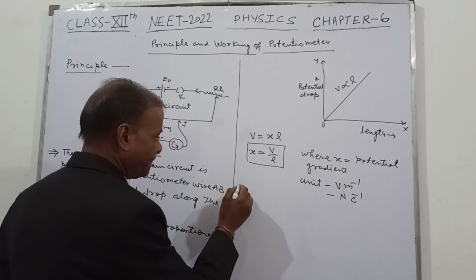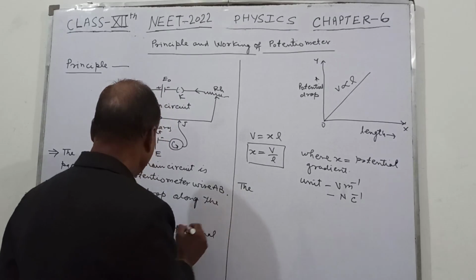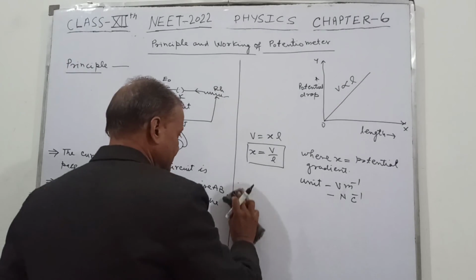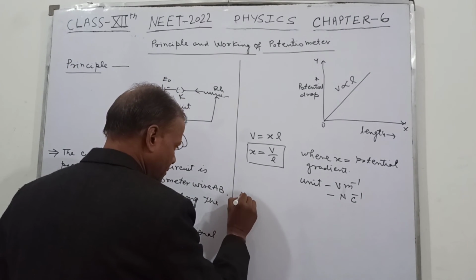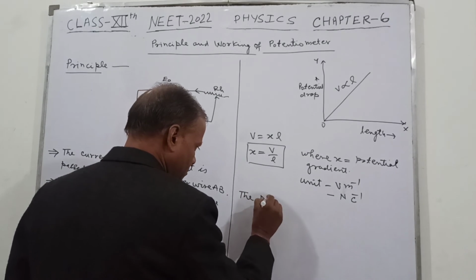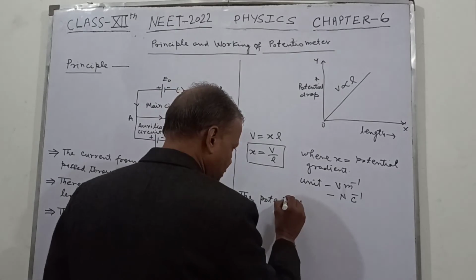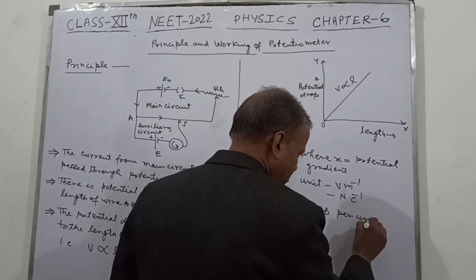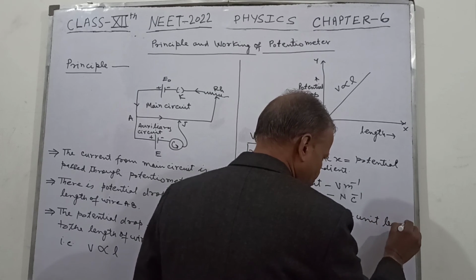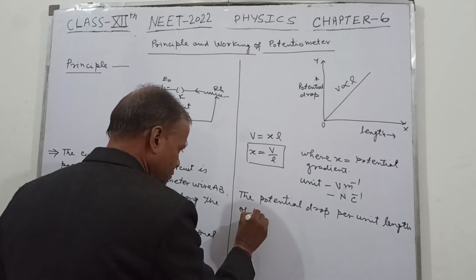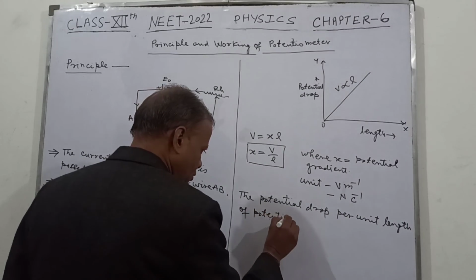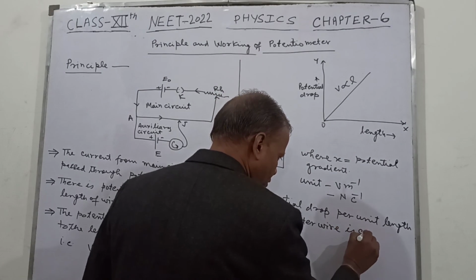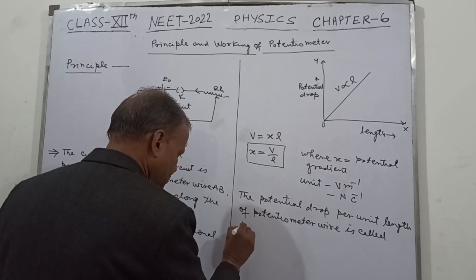So how do we define it? The potential drop per unit length of the potentiometer wire is called potential gradient.